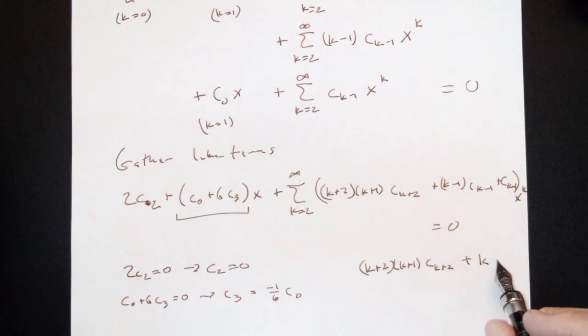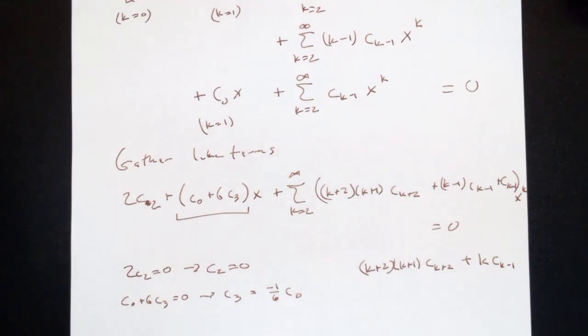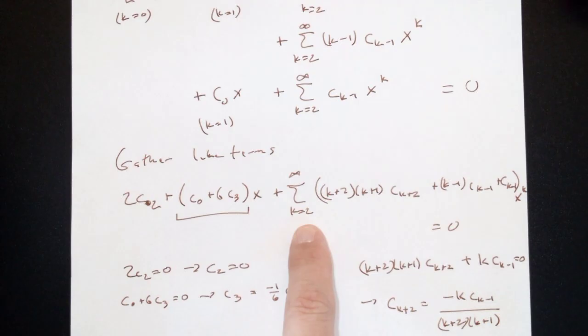So there's k of them. That has to be equal to 0. So c(k+2) is minus k c(k-1) over (k+2)(k+1). And that's only good for k bigger than or equal to 2.